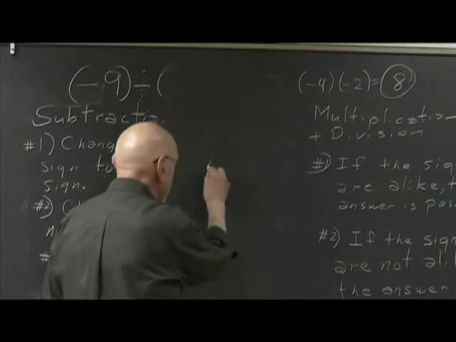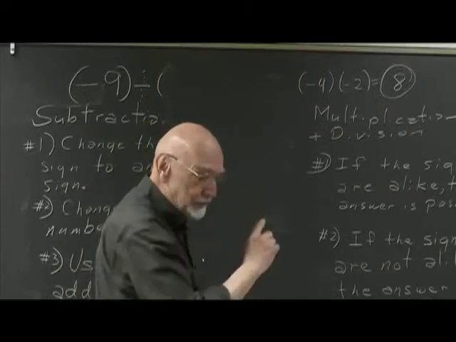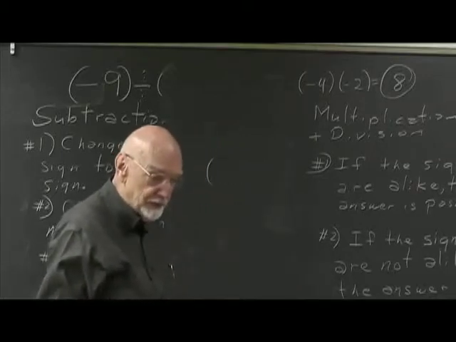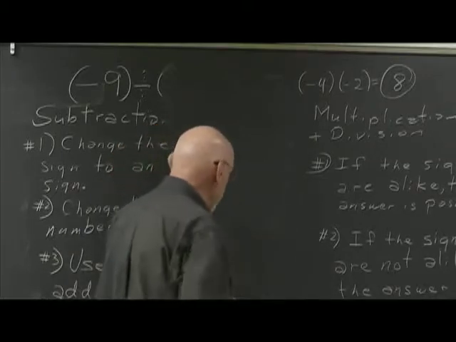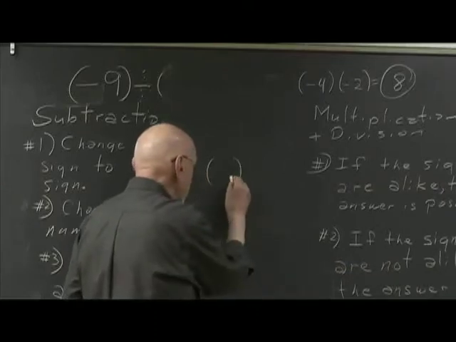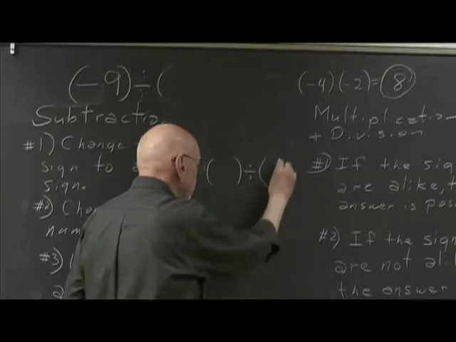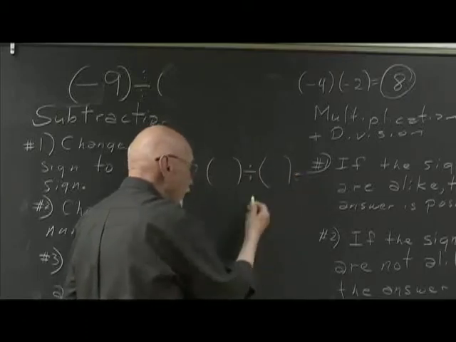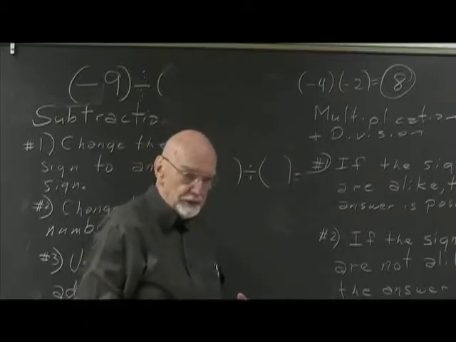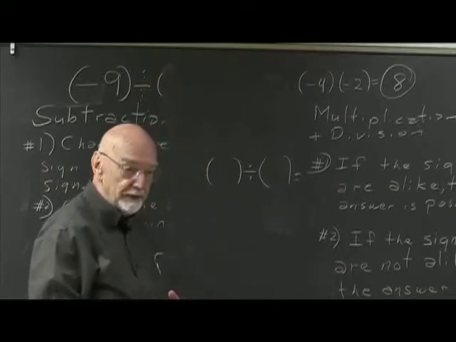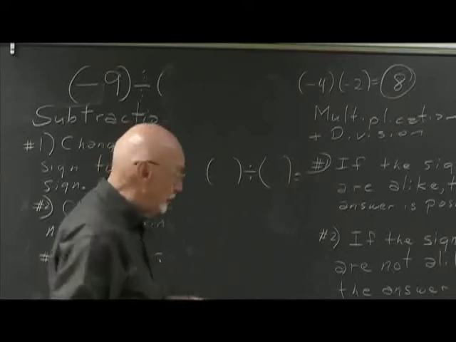So here's an example. Sometimes you may have an exercise or even a test where the parentheses like this are not included. That makes it a little bit more difficult, but you still use the same rules for signed numbers, and you still get the right answer.